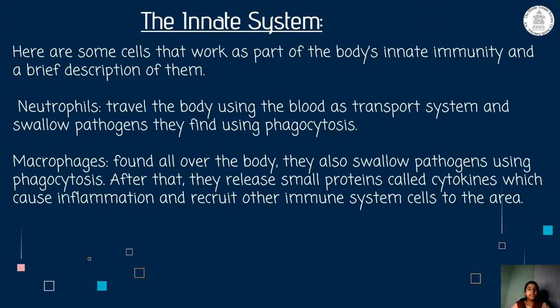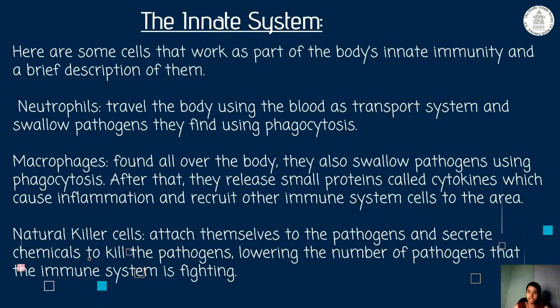After that, they release small proteins called cytokines, which cause inflammation and recruit other immune system cells to the area. And last but not least, natural killer cells, which attach themselves to the pathogens and secrete chemicals to kill them, lowering the number of pathogens that the immune system is fighting.